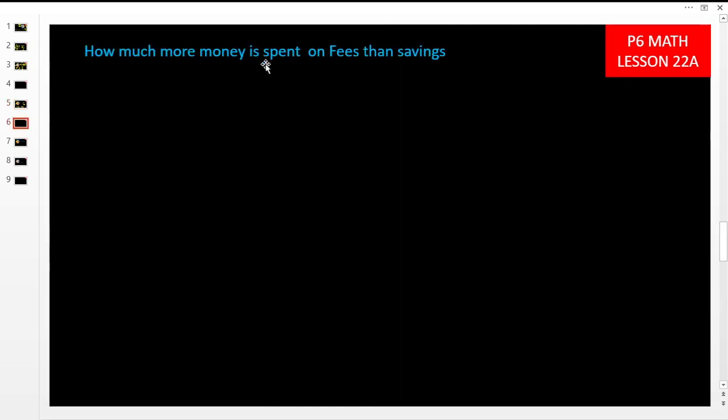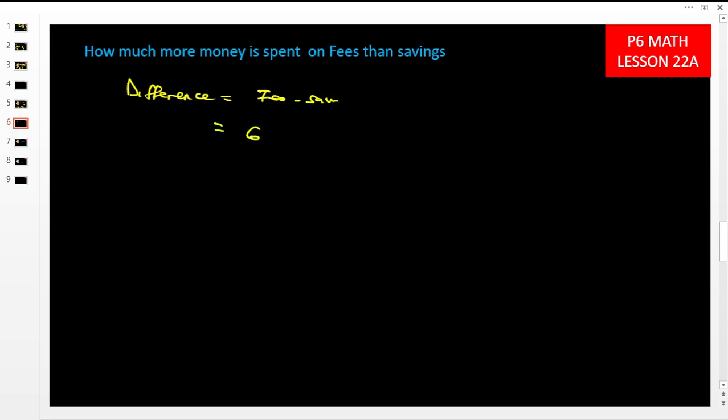Okay, so how much more did he spend on fees than on savings? If they say how much more, we are getting the difference. So we get fees minus savings.